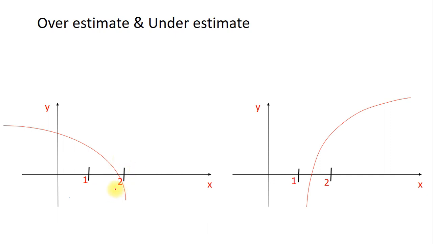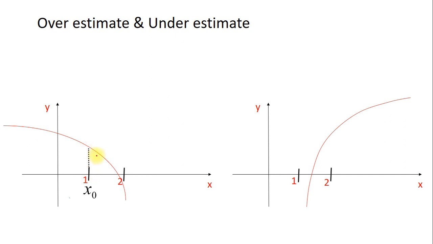Now let's see the visual. For this case, as shown in the graph, if I choose x0 as 1 here as the initial approximation, now where do you think x1 will be? x1, the first approximation, where will it be?